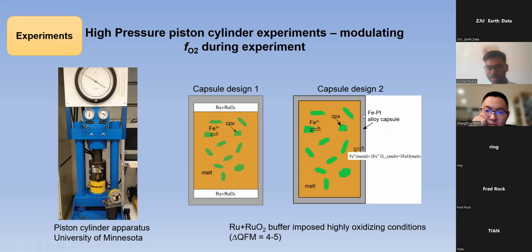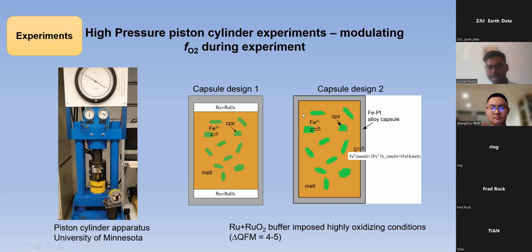And during the actual high pressure experiment, the iron in the platinum capsule reacts with the ferrous iron in the melt and modulates the amount of ferric iron you have in the melt. So depending on the amount of iron you put in the platinum capsule, the amount of ferric iron in the silicate mixture would change. So by back calculating how much ferric iron you expect in the high pressure experiment, we saturated the platinum capsules with different amounts of iron, and therefore we were able to make silicate mixtures which have different amounts of ferric iron.